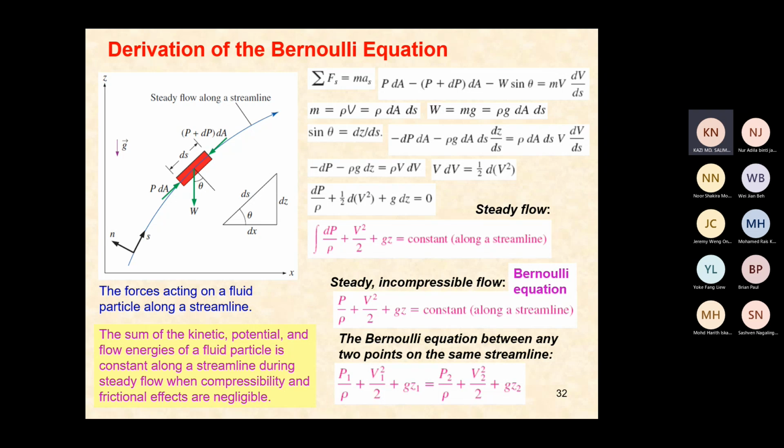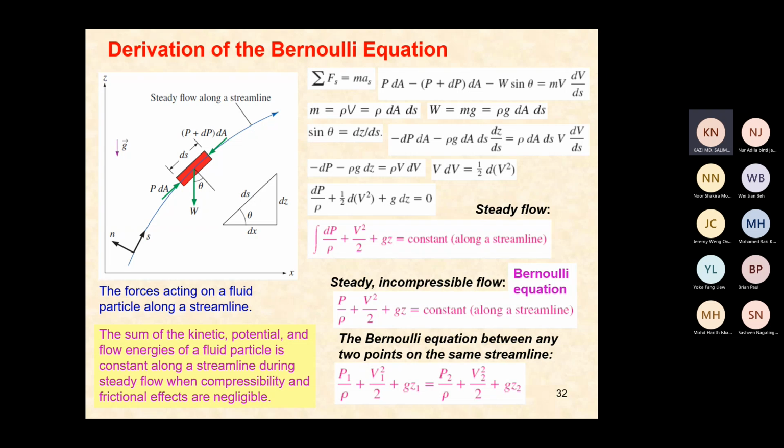So in this case, rho into dA into ds can be written there, and finally it can be written that W is equal to mg, which is equal to rho g into dA into ds, because dA is the surface area and ds is the length of it, giving the volume of the fluid package.